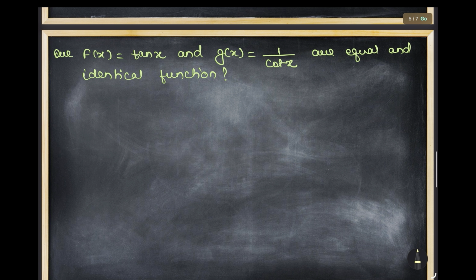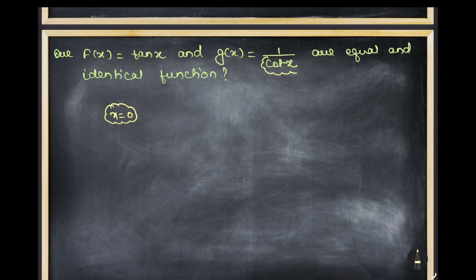Now, look here. If you observe the domain, try to understand. Here, if you observe, x equals to 0 is a valid thing. But here if you put x as 0, x to the power 0, it becomes infinity.